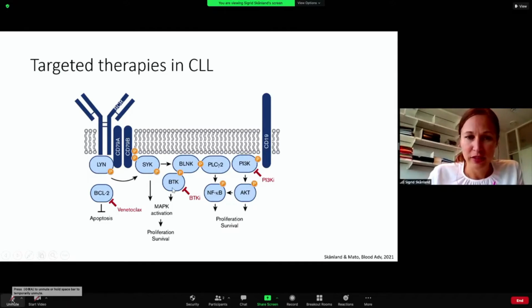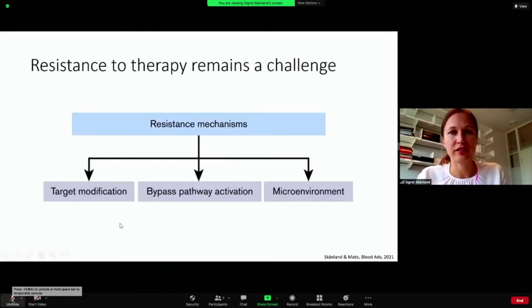So these have been identified as drug targets. Now for CLL, we have different BTK inhibitors, PI3 kinase inhibitor, and the BCL2 antagonist venetoclax that are all approved for treatment.